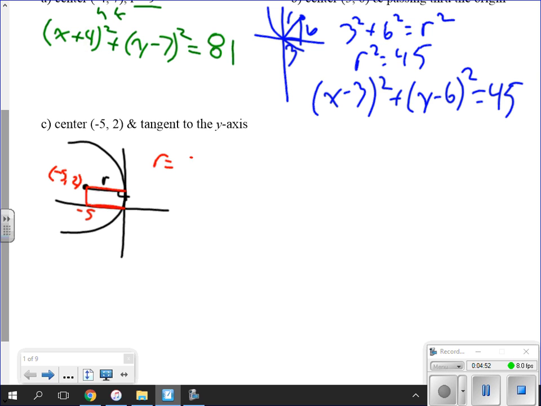My radius is 5, because it's tangent to the y-axis, so the distance from the center to the y-axis, that's my radius. 5 units over, the radius is 5 units long. Okay? So I end up with the equation x plus 5 squared plus y minus 2 squared is equal to 25 in this case.